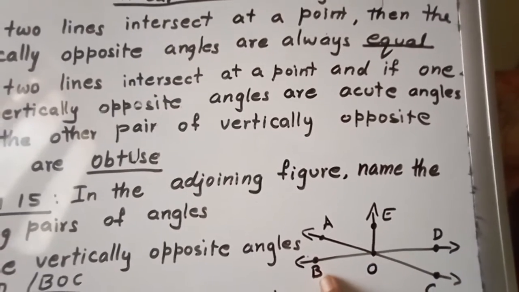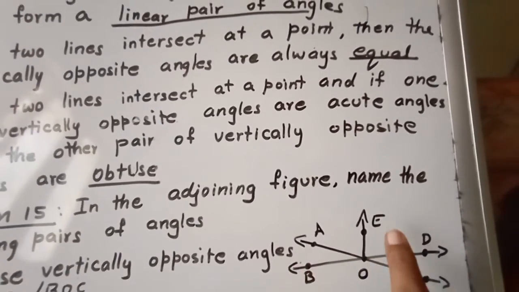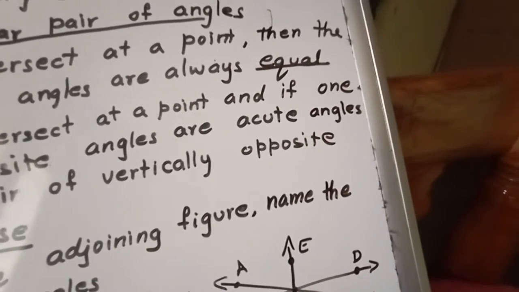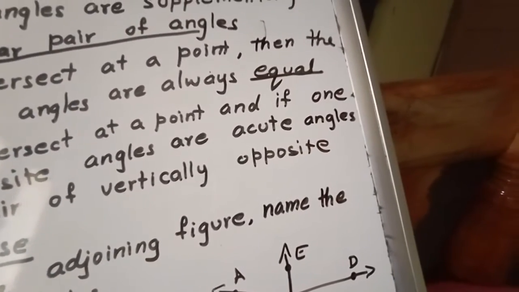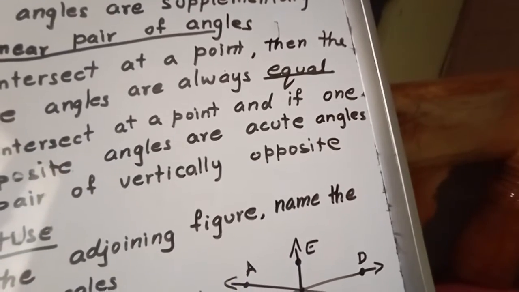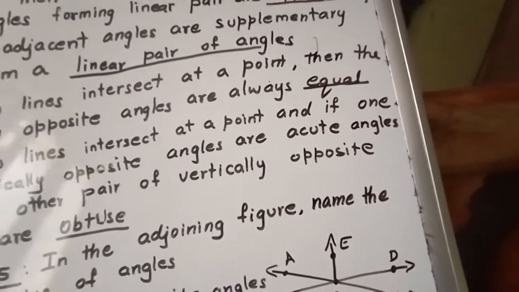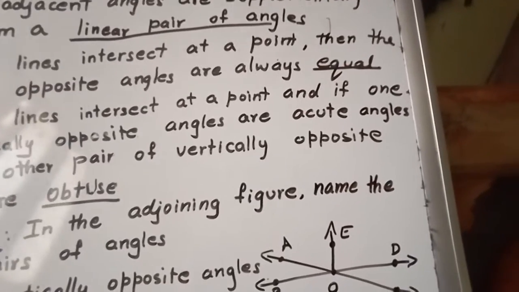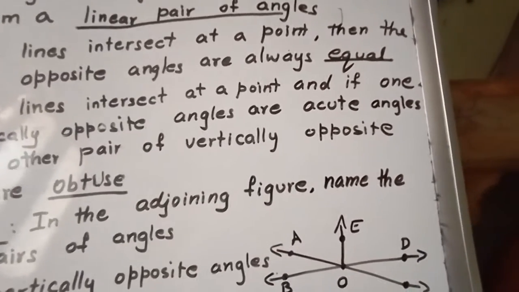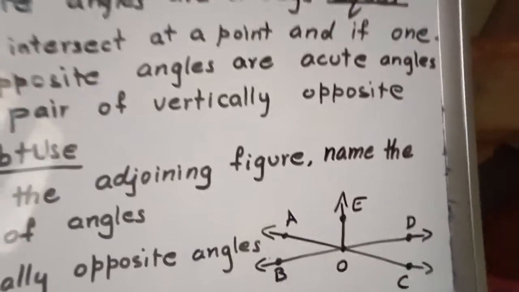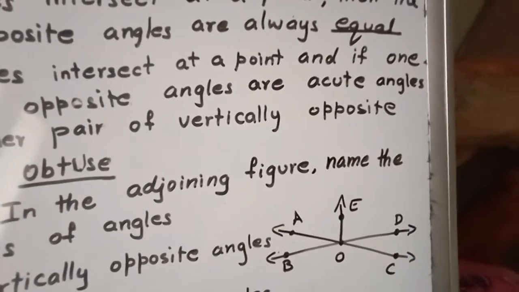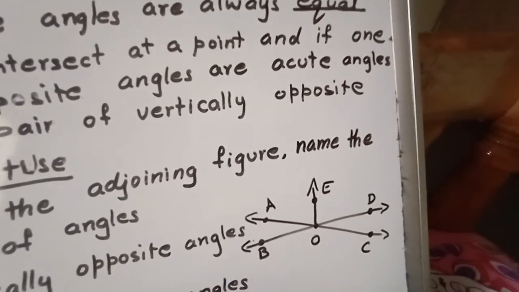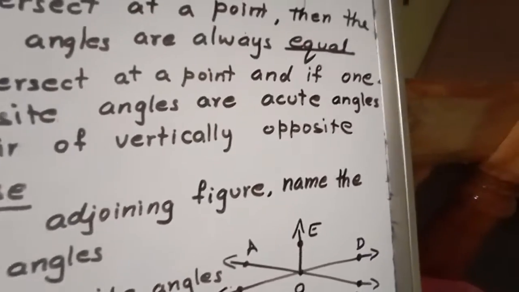So we can go for EOB and AOB. Adjacent complementary angle. So EOA you have to write. One is EOA, another one is AOB. Why? Because they are adjacent complementary.